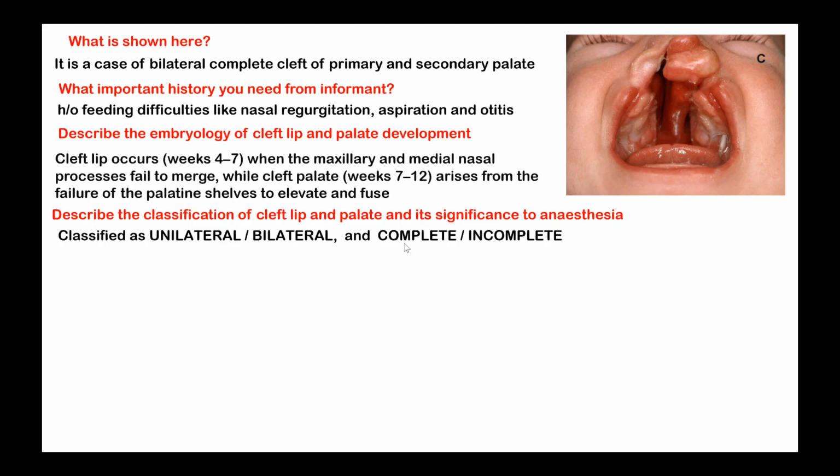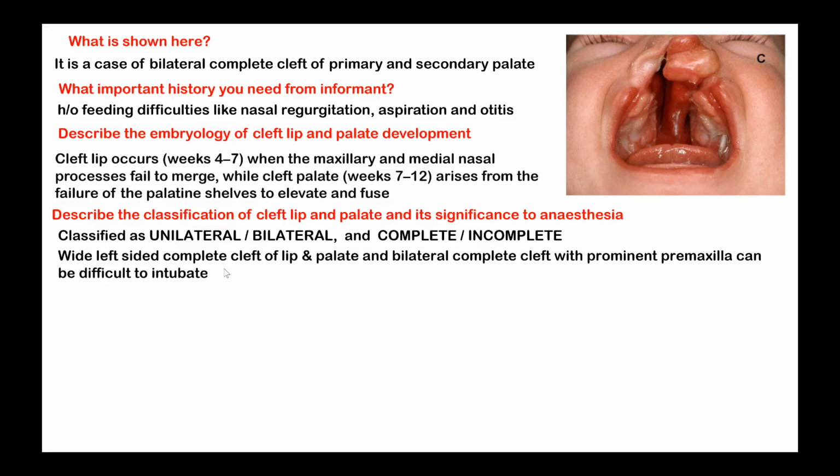A wide cleft with a palate can have your laryngoscope blade caught in it. And bilateral complete cleft with prominent premaxilla can cause difficulty in intubation. So this is the importance of this classification.